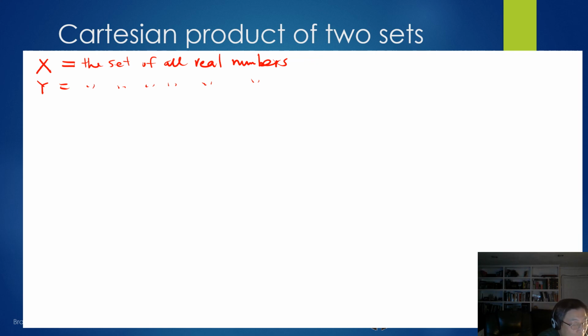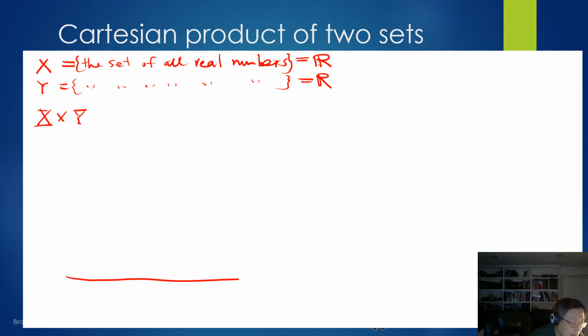So x and y are basically the same set, and sometimes in math we use capital R to represent the set of all real numbers, using curly brackets. Now the Cartesian product of x and y can be defined as a 2-dimensional space, right? Suppose x represents the horizontal line, and y is the vertical one.